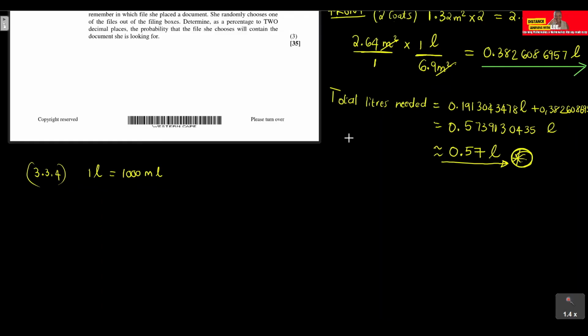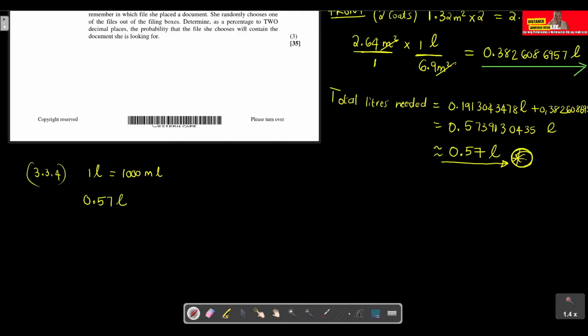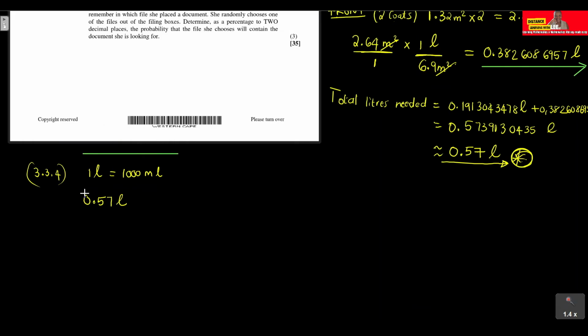From here, we're going to convert these liters of paint that she needs. We take that 0.57 liters and use this equation to help us convert. How do we convert? You multiply by what we want.